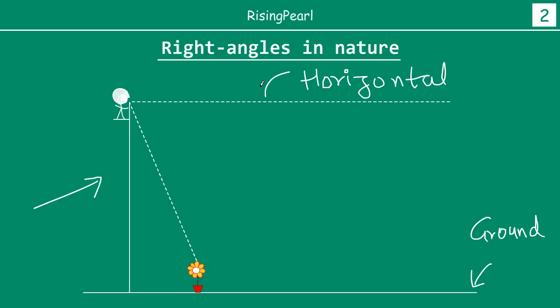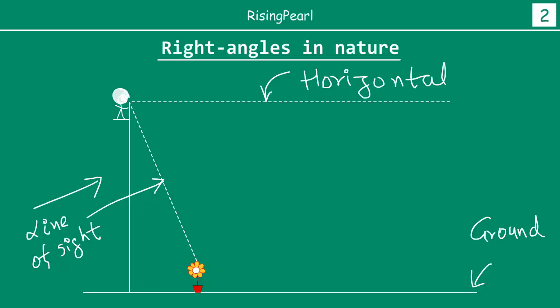And now this is my line of sight, because the straight line from my eyesight to the object I'm looking at is my line of sight, right?